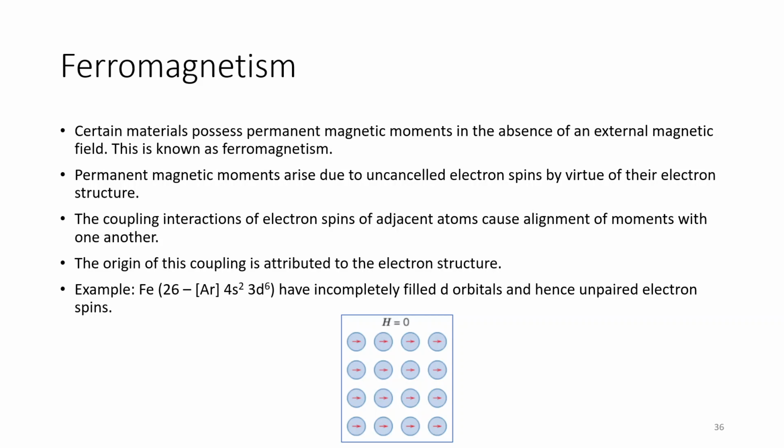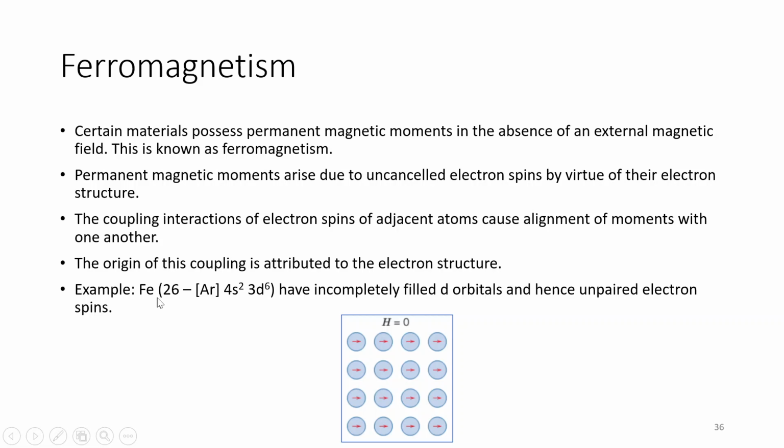The coupling interaction of electron spins of adjacent atoms causes alignment of moments with one another, and the origin of this coupling is attributed to the electron structure. The d block won't be entirely filled and some unpaired electrons will be there, so this will lead to the formation of this type of ferromagnetism.